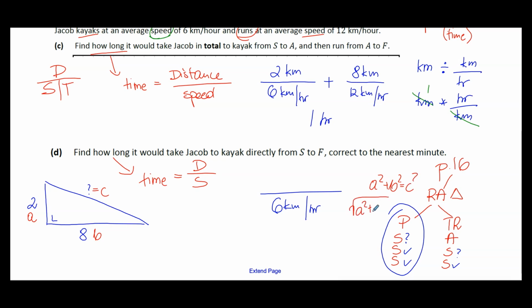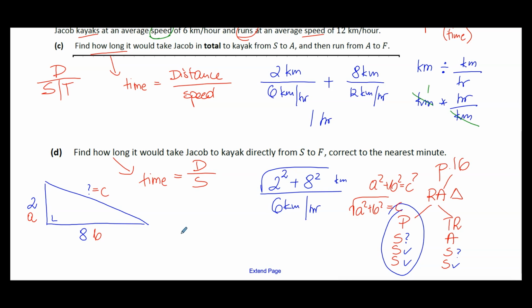A square root of the other side, isn't it? So that means that this value will be 2 to the power of 2 plus 8 to the power of 2 under the square root, and we know that that measurement will be in kilometers. And again, it's enough for us to put that. We don't have to find the value here, because that's not my answer.